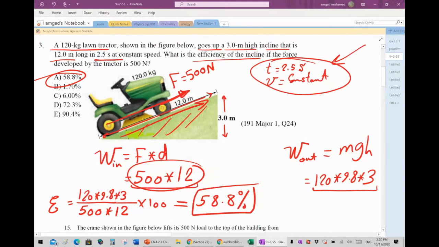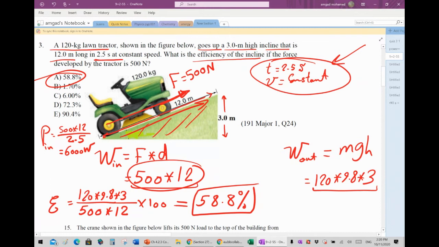So the power input P equals 500 times 12, which is the input work, divided by the time, which is 2.5. It gives you 6,000 watt.